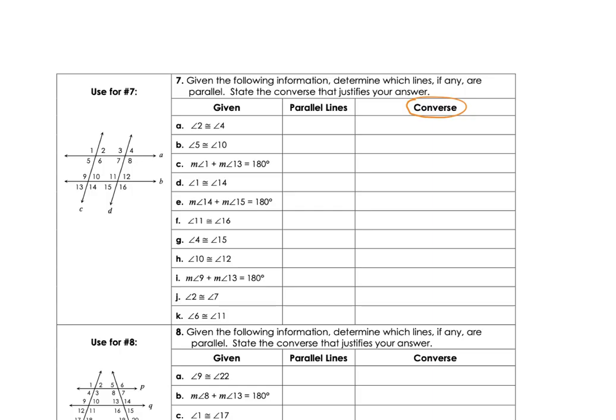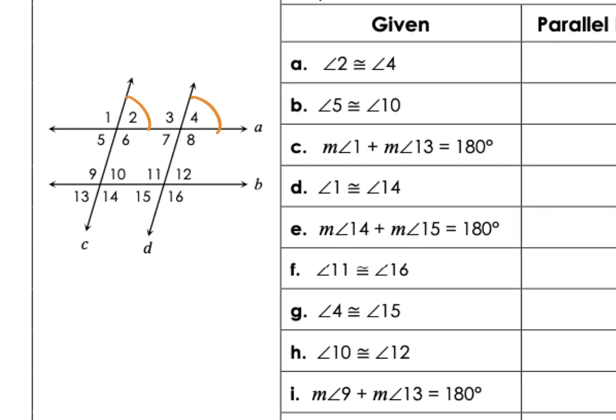So given that 2 is congruent to 4. Now here's the deal. The thing that I think is most helpful, if you have trouble seeing which lines should actually be parallel here, is if you draw the angle, here's angle 2, here's angle 4. Which of these 4 lines do we have 0 contact with? B, right?